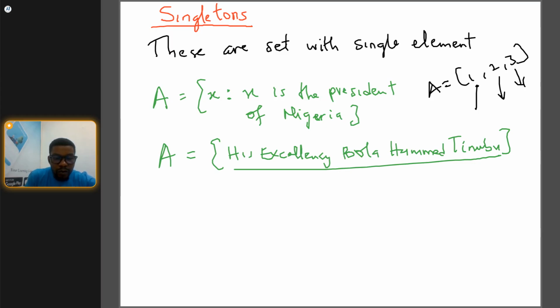Okay, so we move on to the next terminologies that we want to treat. Let's drop the board. Okay, so now let's talk about what we call the null set, or we call it the empty set.